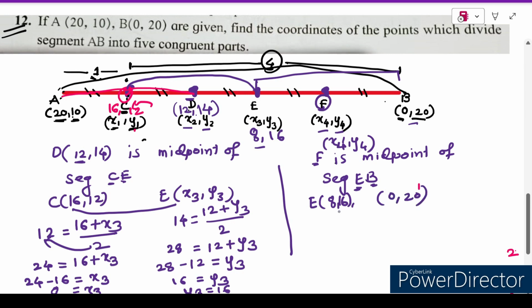Now by the midpoint formula we can easily find the coordinates of F, that is the values of x4 and y4.